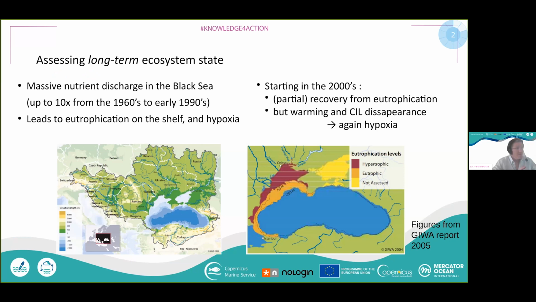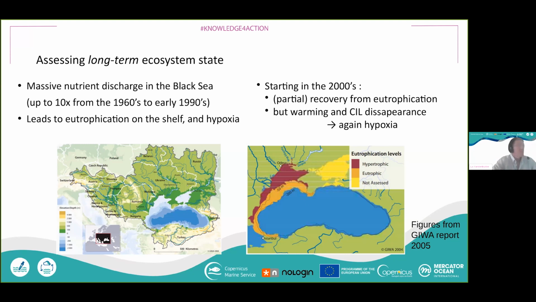Just to give you a little bit of context, the Black Sea has a huge drainage area. There's a lot of river water coming into the sea, from a large part of Europe and also the area to the north, so Russia and Ukraine. From the 50s to the 90s, there was a huge increase in nutrients in the fresh water from the rivers.